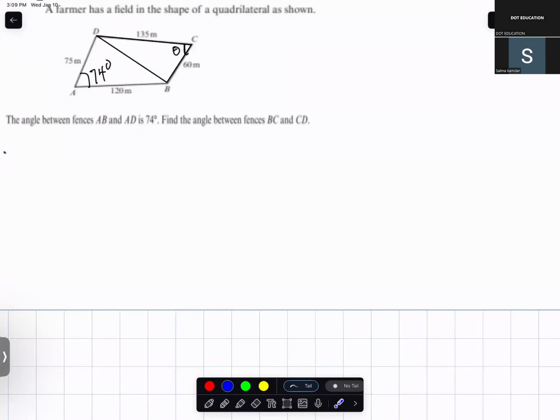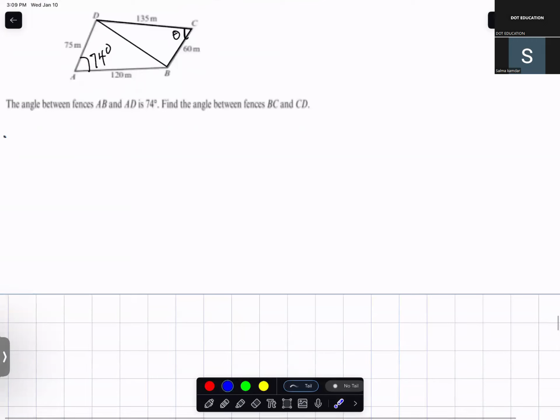If you have two sides and one angle given, it's easier for us to apply the cosine formula. So we have the cosine rule coming into play here, where A is 74 degrees and AD is 120.